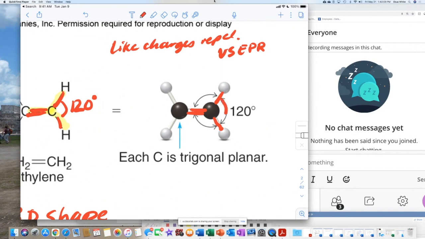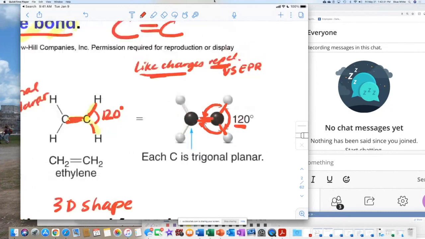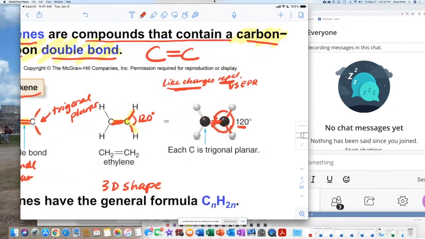So this pushes against that, that pushes against that, and they all push against each other, and then they kind of resolve to being as far from each other as possible. So right before we were social distancing, these electron groups were social distancing, right? Now with them, it's not a 6-foot distance, it's a 120 bond angle distance, right? And that's where they're most comfortable. Because they have a like charge, they can't help but repel each other, okay? And that's why they have that arrangement.